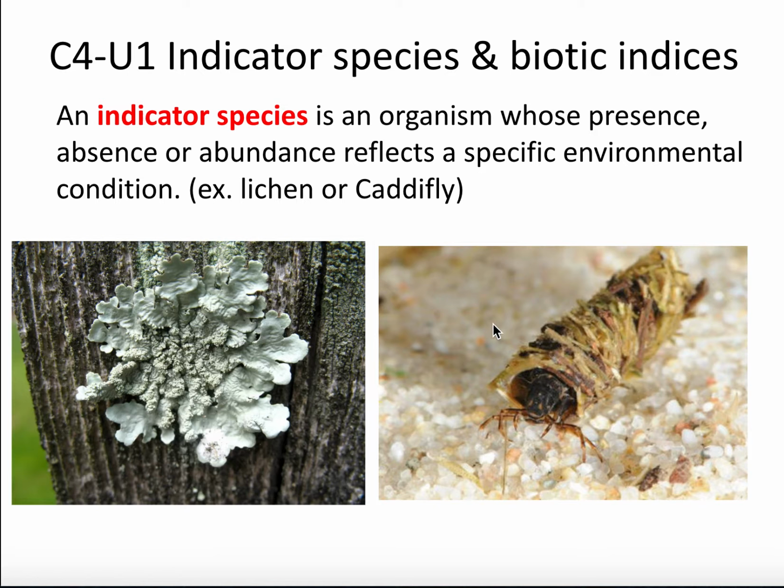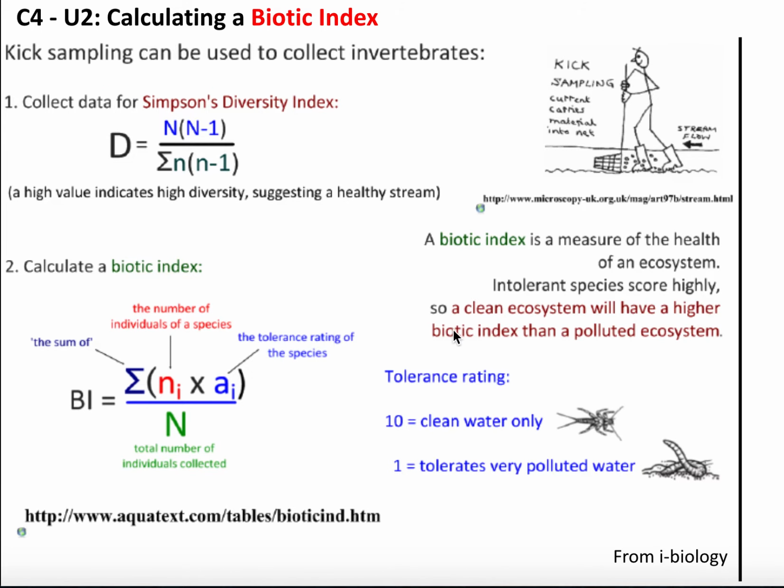We can use these species to help us create a biotic index. So here's how we can calculate a biotic index, which is understanding 2. This is a picture of kick sampling here, which is basically you put a net into the water and you let the flow of the stream gently push organisms into the net.